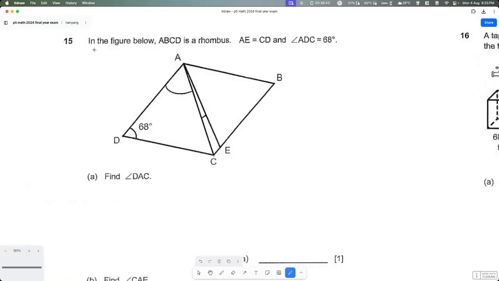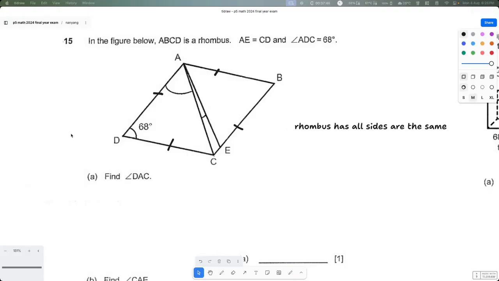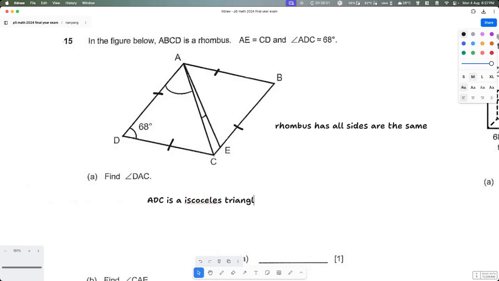All right, question 15. In the figure below, ABCD is a rhombus, AE is equal to CD, and ADC is 68 degrees. So find DAC. A rhombus has all sides the same. So in this case, ADC is an isosceles triangle.